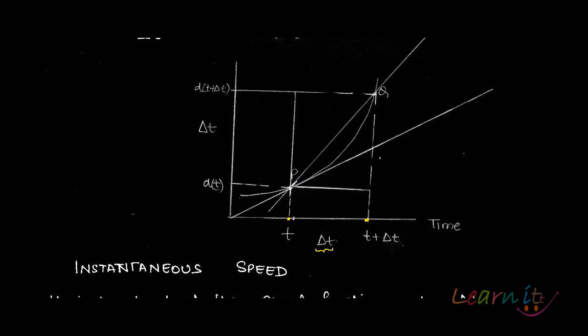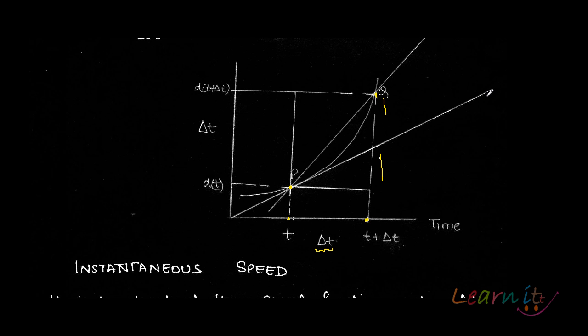If my distance function looks like this, I'm moving from p to q. What is the change in the distance? The change in the distance is the following, right?